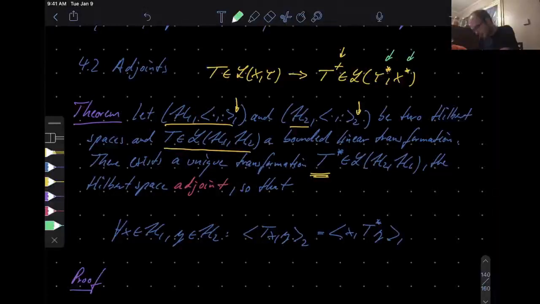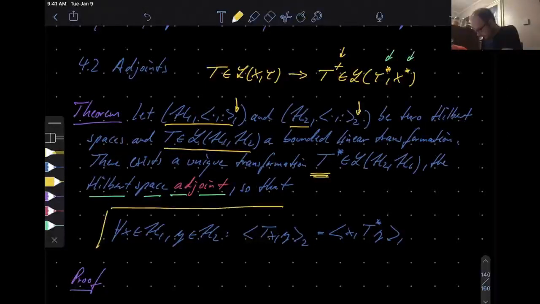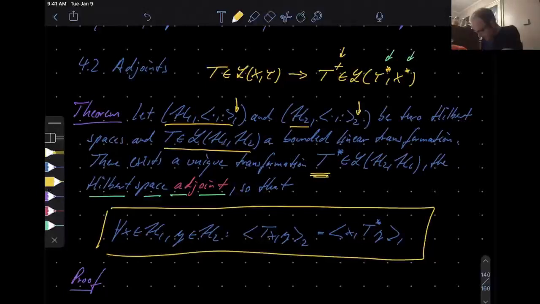So what is the defining property of this unique transformation that we will call the adjoint? It will always be clear that we are dealing here with Hilbert spaces. We are only defining this adjoint in a Hilbert space, so we can drop the words Hilbert space adjoint, just call it adjoint. And the defining property is this one. So you have these two inner products, remember.